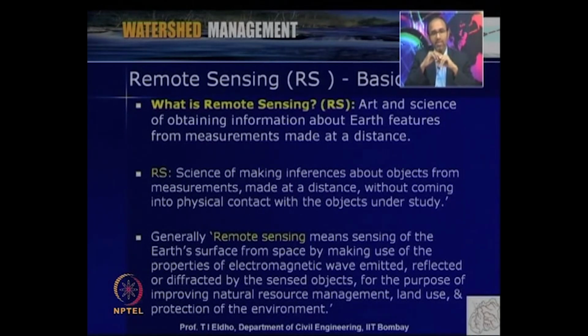Earlier there used to be a number of ways we used to get this data remotely, either using balloons or aircraft. Nowadays we are mainly using satellites, remote sensing satellites. So, we are getting the data in such a way that the electromagnetic waves emitted, reflected or diffracted by the sensed objects come back to us, we process this data, and then we use it in an appropriate form.